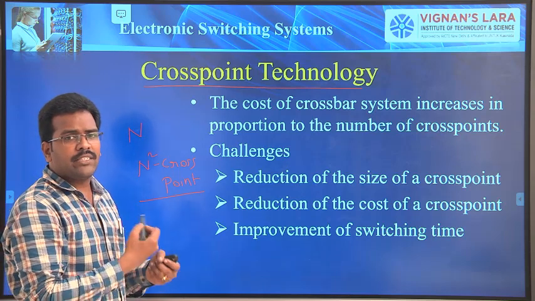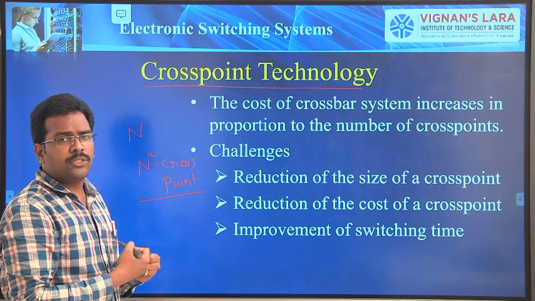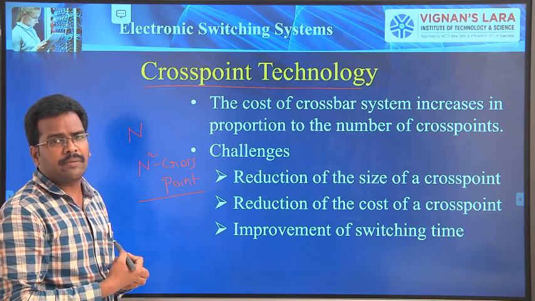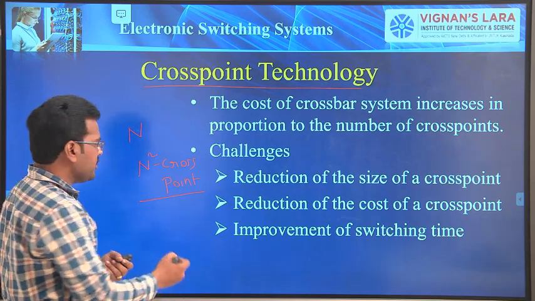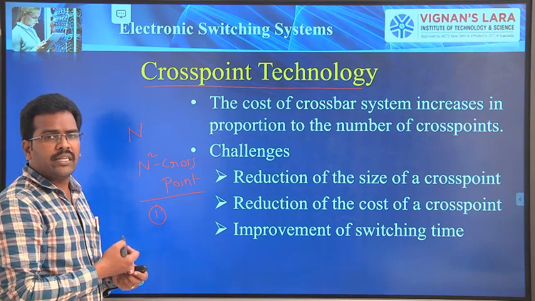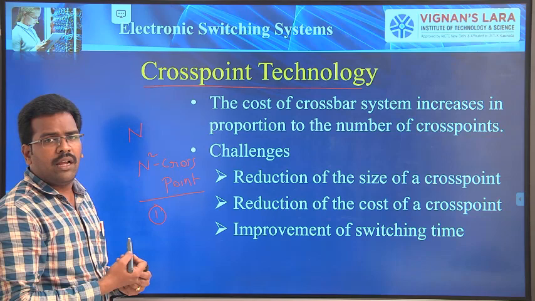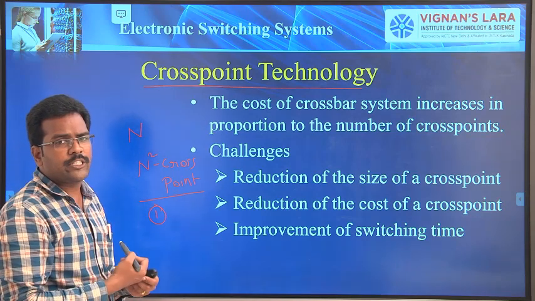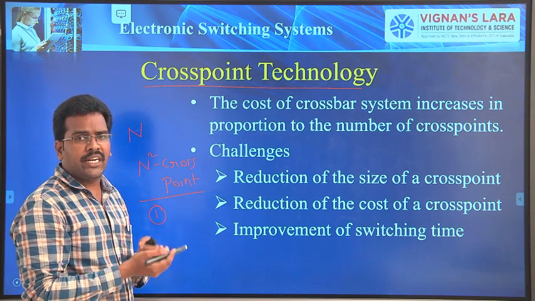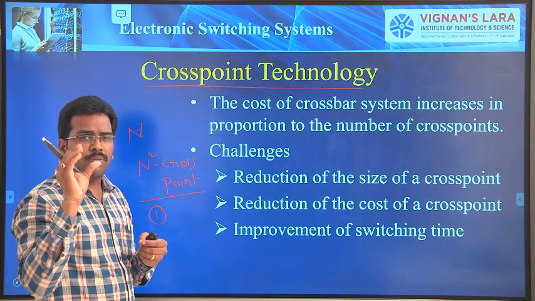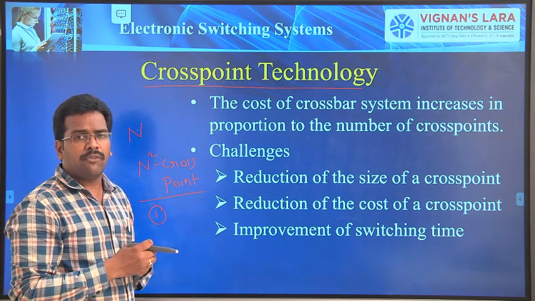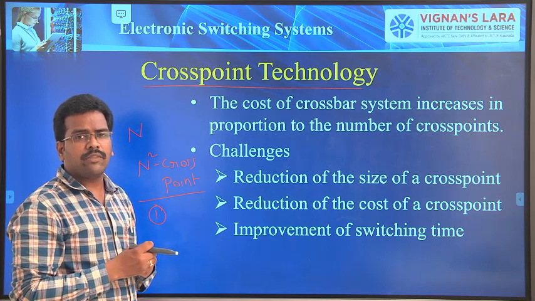So, as a designer, our objective is to improve the efficiency or to reduce the cost of the network. How can we do that? One way is by reducing the number of cross points, we can improve the efficiency and can also decrease the cost. And second one is by designing this cross point technology in such a way that we can have a small size with a low cost. This can also improve the performance as well as the cost of the system.